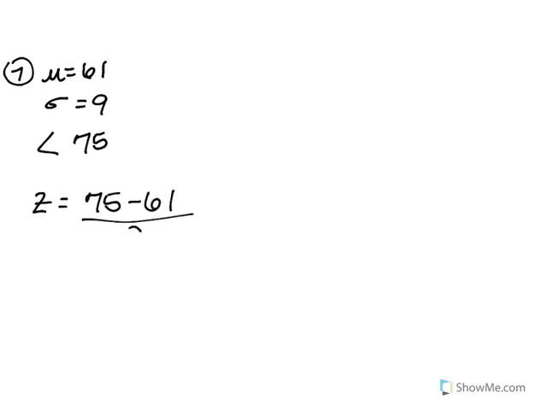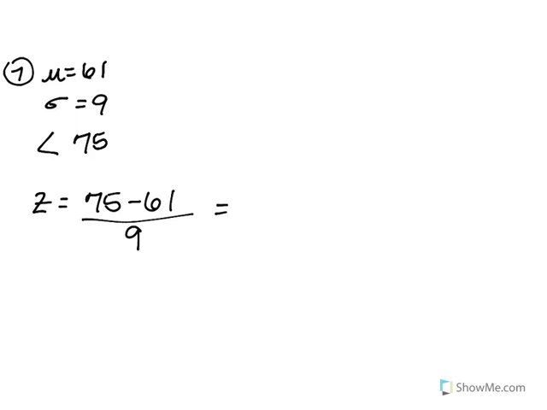And the last one, number 7, we're using the same mean of 61 and standard deviation of 9, but I'm wanting to know the percentage of finishers with times less than 75 minutes. So we're going to convert 75 to a z.